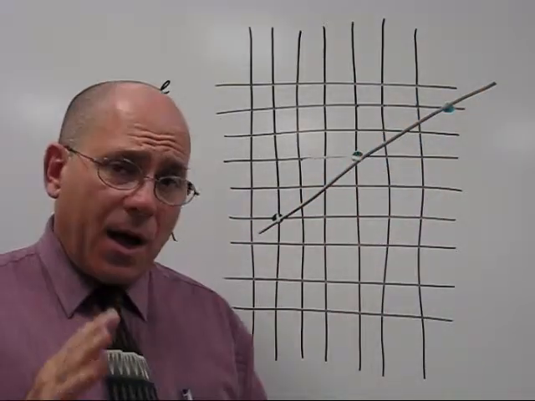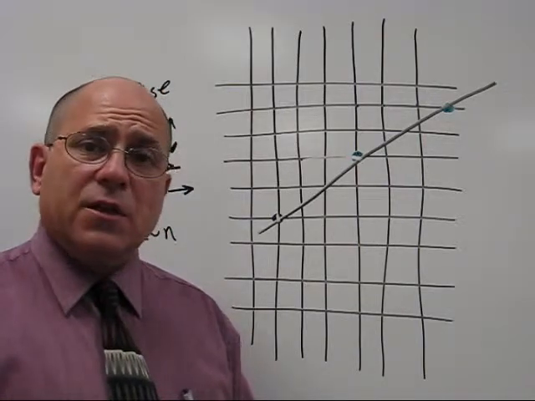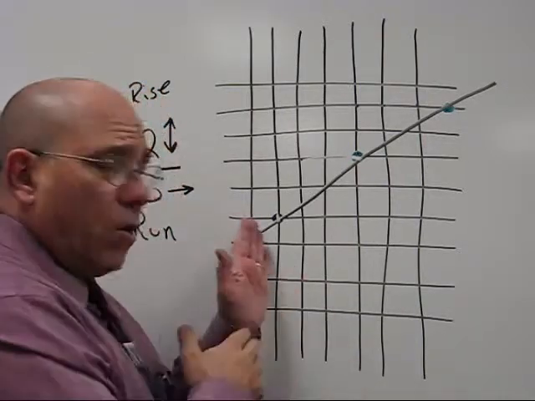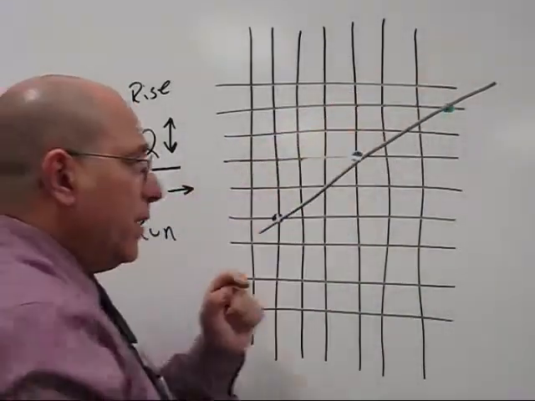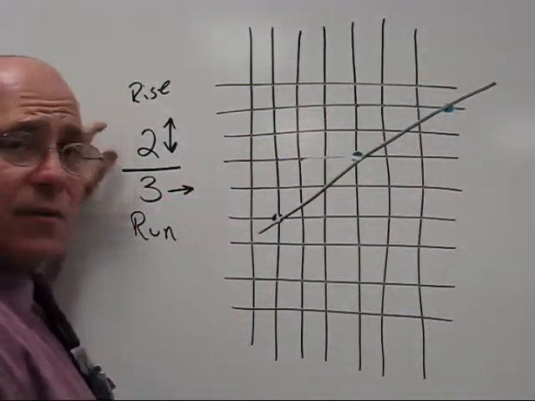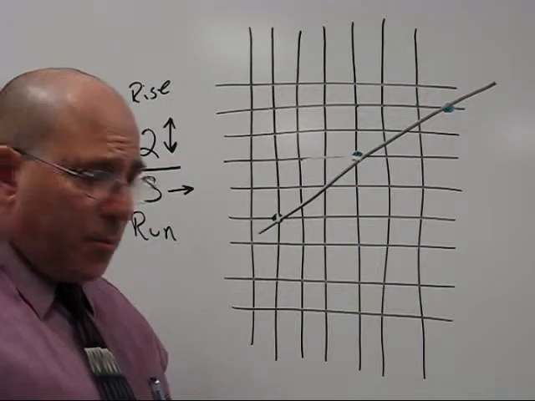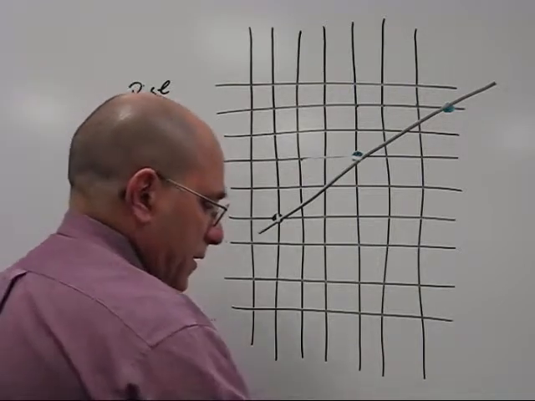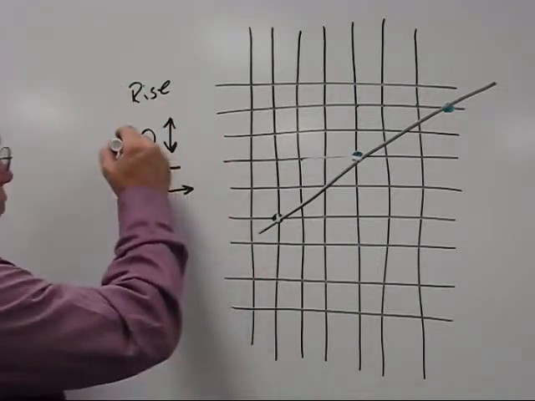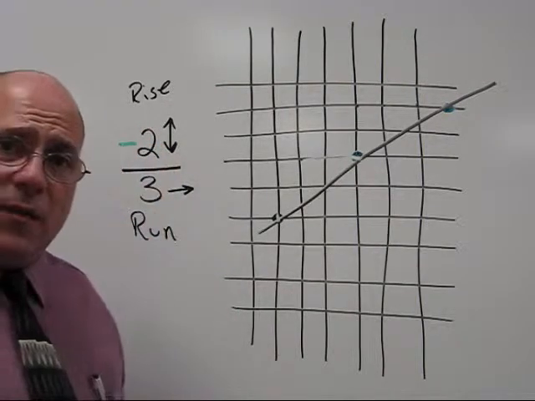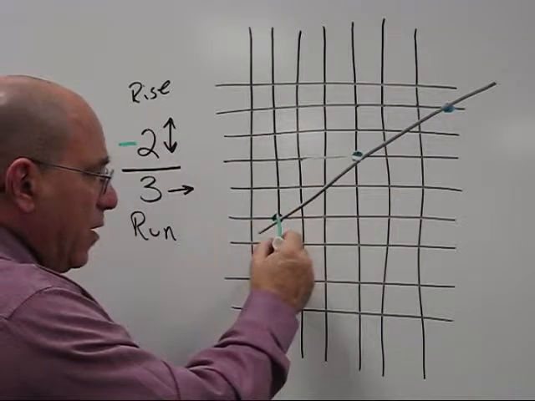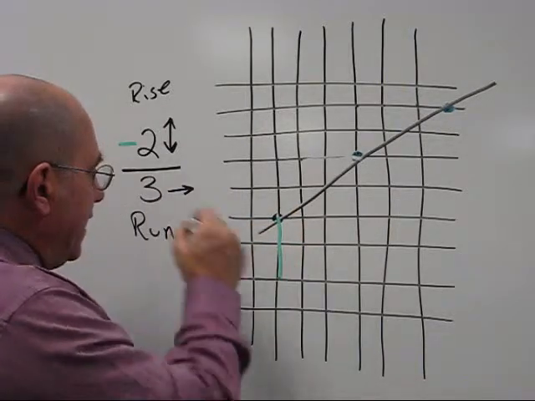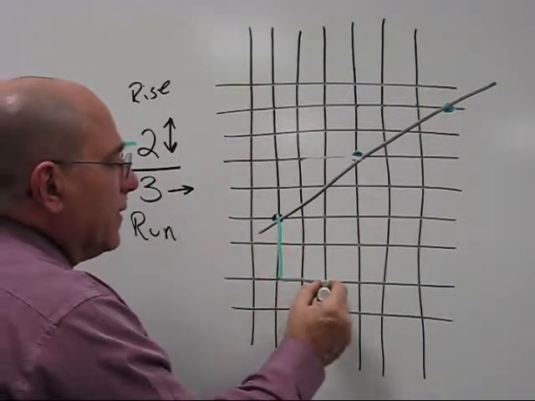This one is called a positive slope. And the reason it's called positive is because going from left to right, it's rising. It's going upward. We know that also because the numerator is a positive number. If, for instance, the rise had been a negative number like this, then we'd have counted from here, we'd have counted down 2, and still to the right 3.